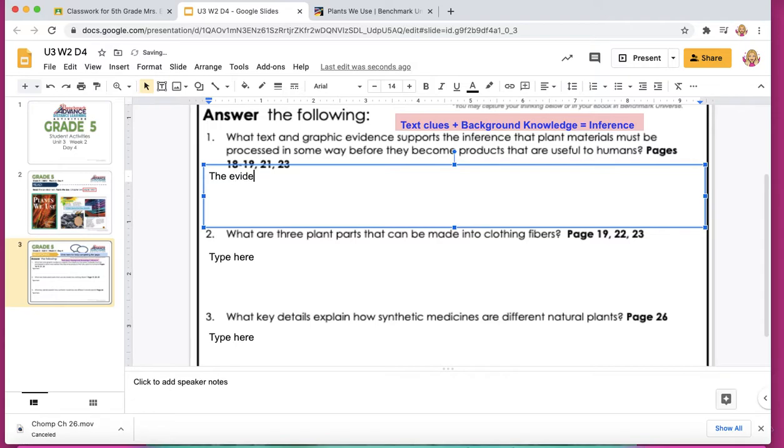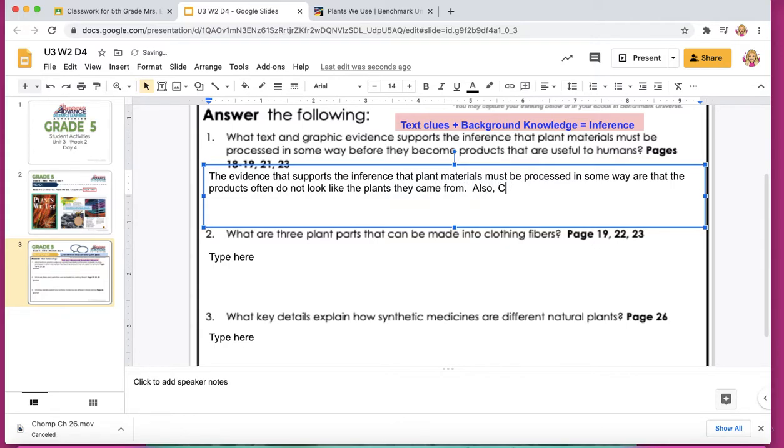The evidence that supports the inference that plant materials must be processed in some way are that the products often do not look like the plants they came from.